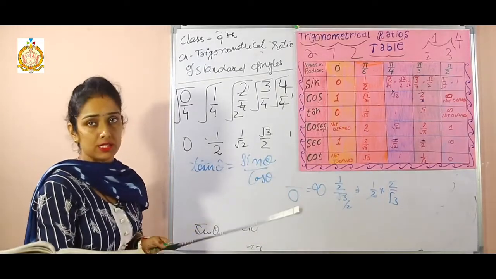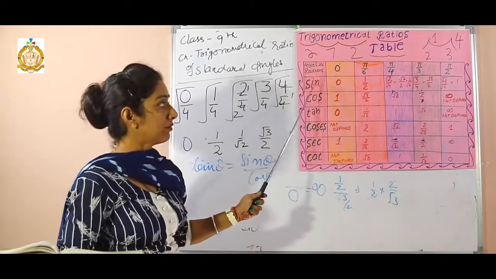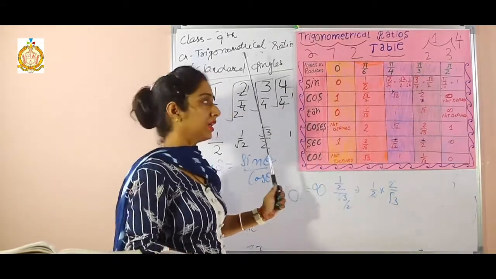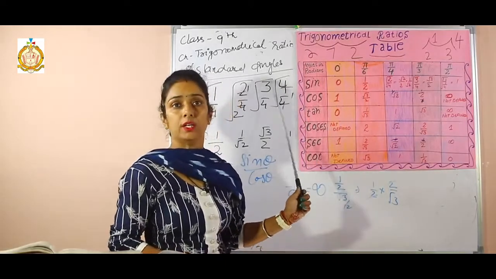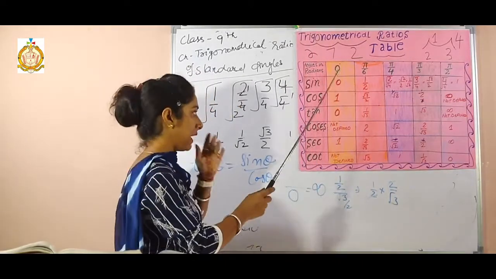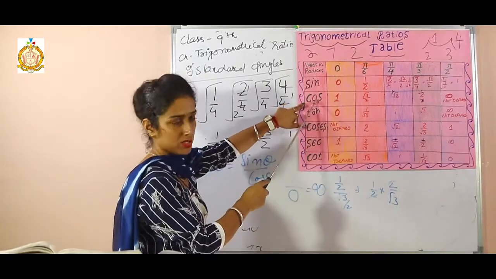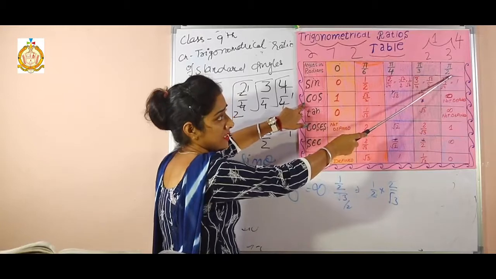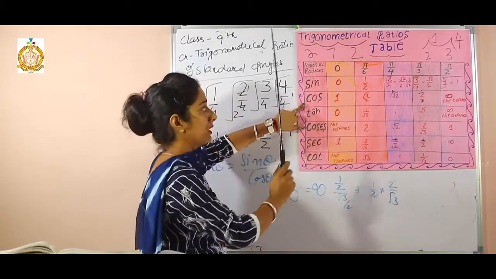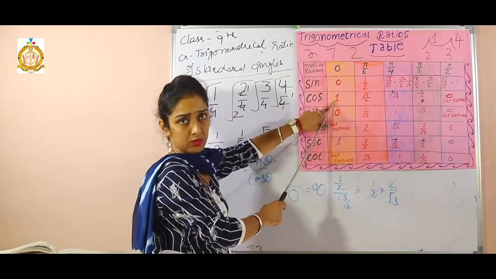I repeat once again. First of all, you have to write 0 to 4 counting, taking a square root, divided by 4, taking a square root, and after that you write the values of cos theta, which start from there. Means its 90 degree value becomes the cos 0 degree value, right?